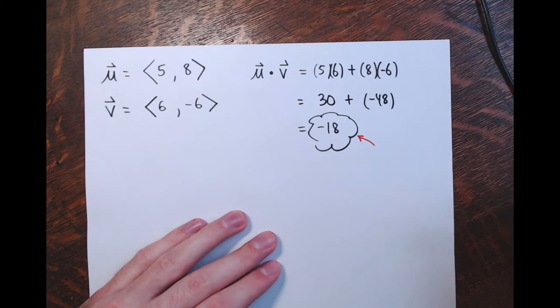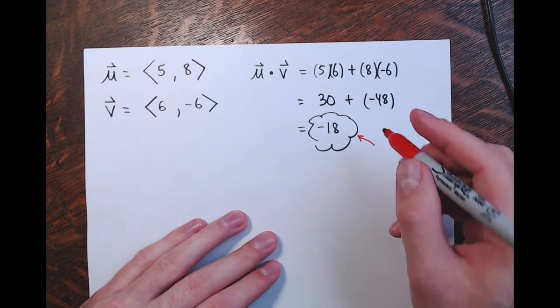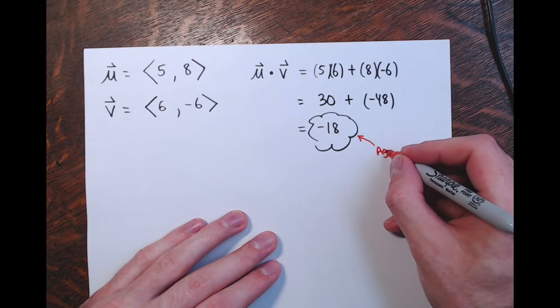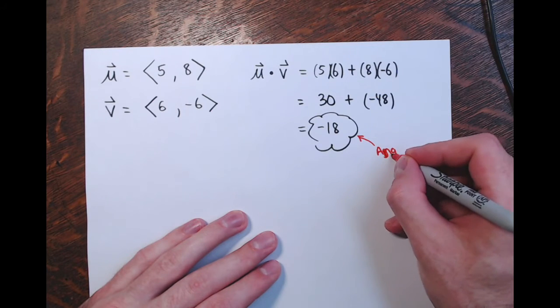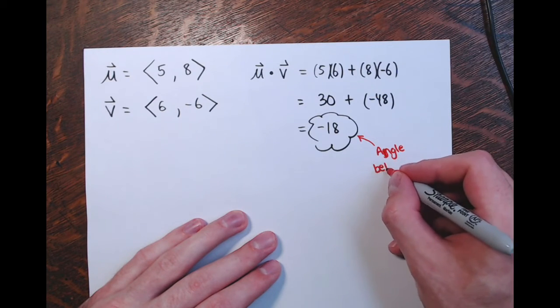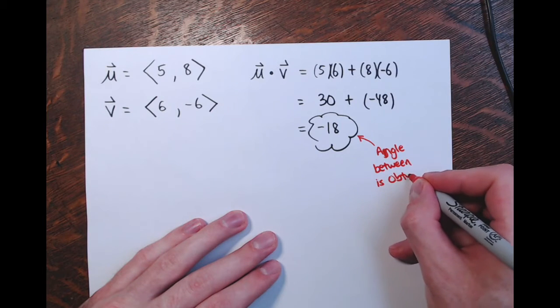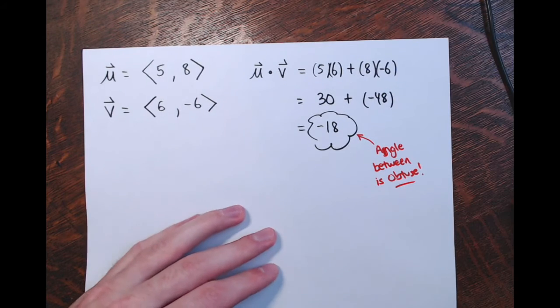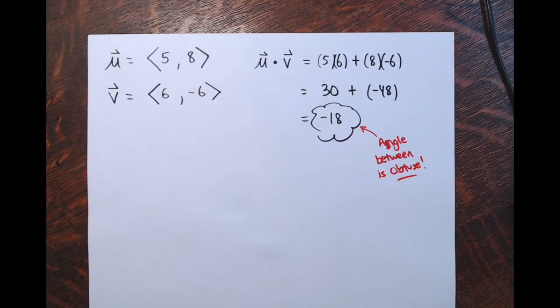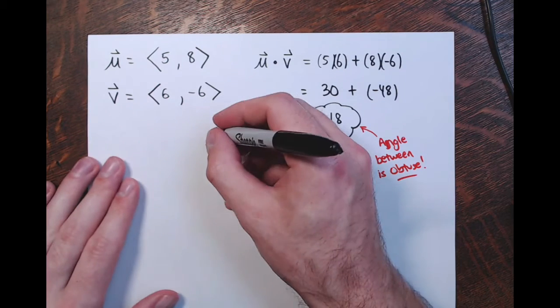And if you recall from the first video on this objective, that means the angle between these vectors will be obtuse. Remember the last video, it was positive and it was acute. If the dot product is negative, the angle will be obtuse. And if the dot product is 0, you'll have a 90-degree angle. The vectors will be perpendicular if you draw them from the same initial point.